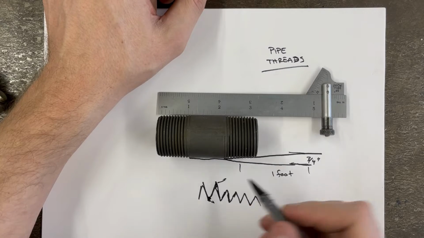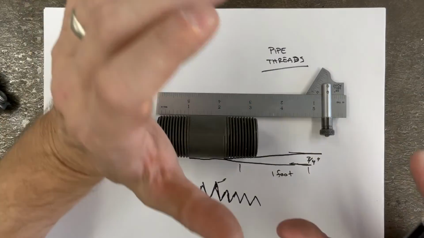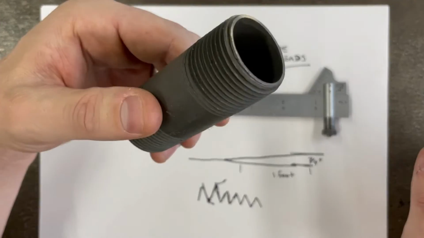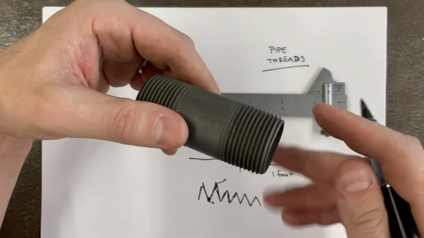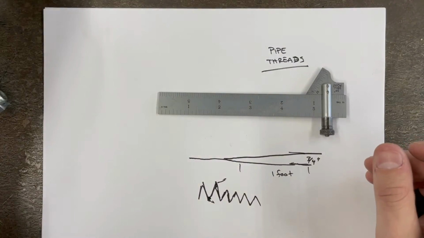So they're slightly different thread forms, and you have to be careful not to intermix them. That's just the way that they go together. These will need some kind of sealant, usually Teflon or pipe dope, and they go together. So those are pipe threads.